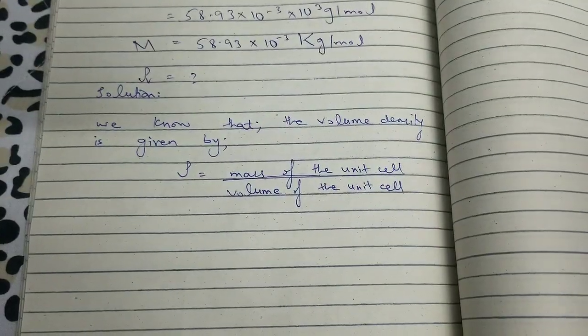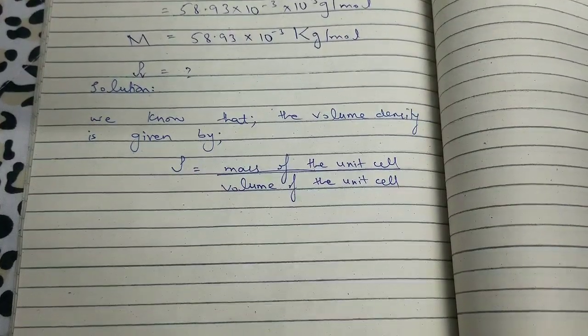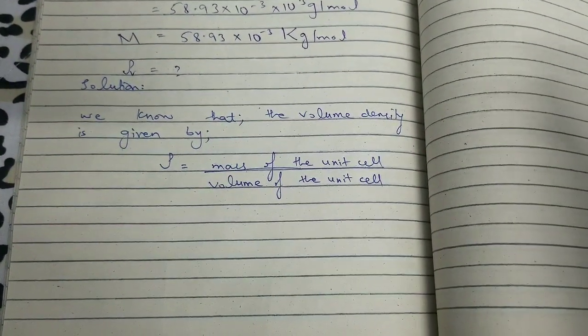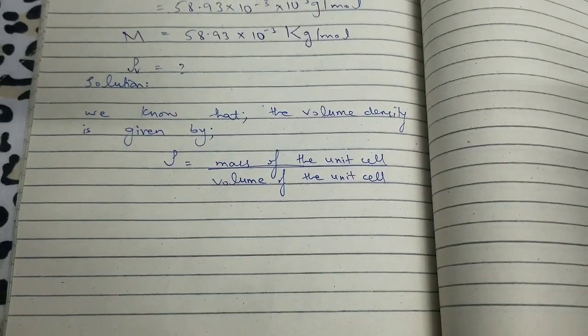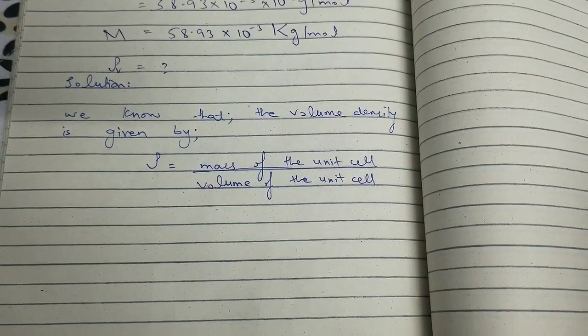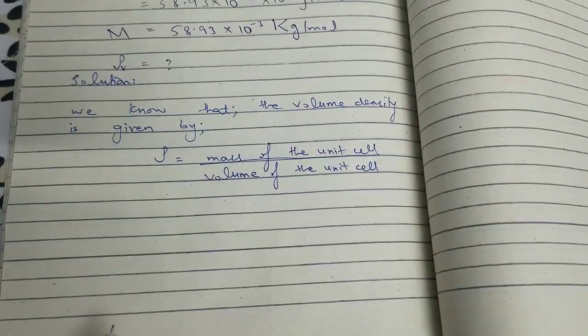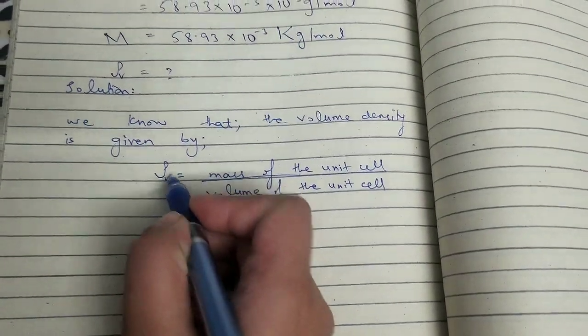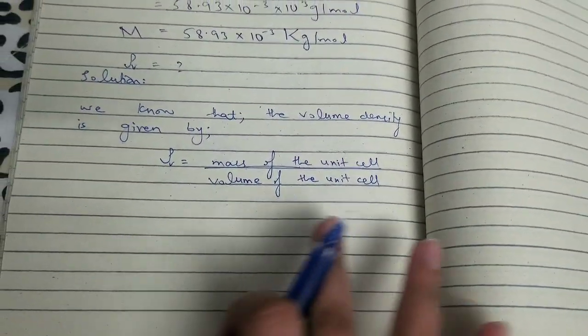It is a property of crystalline solids that the density remains invariant, or in other words remains constant. So the density of the whole crystal will be equal to the density of the single unit cell. That is why we are using this property of crystalline solids, and the density will be given by the mass of the unit cell divided by the volume of the unit cell.